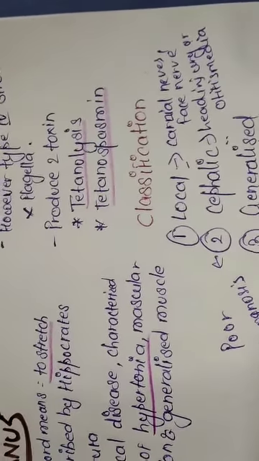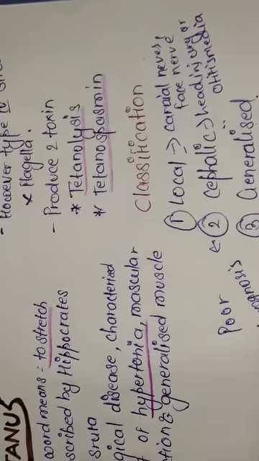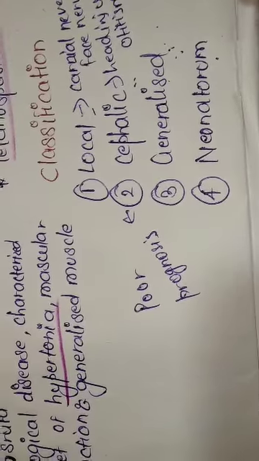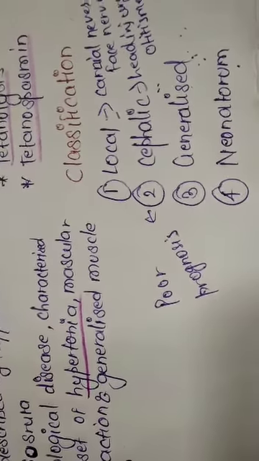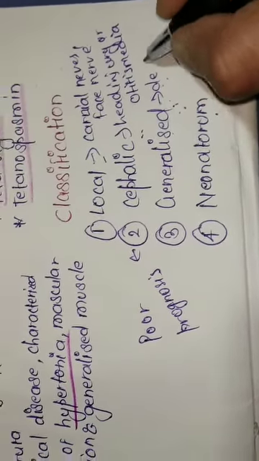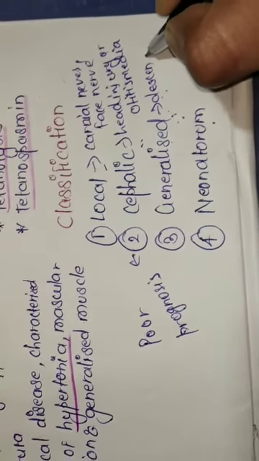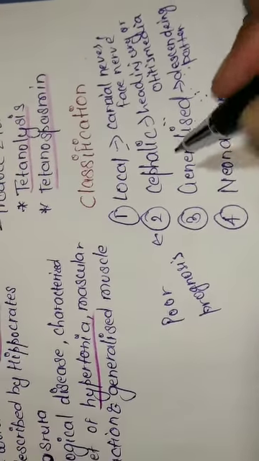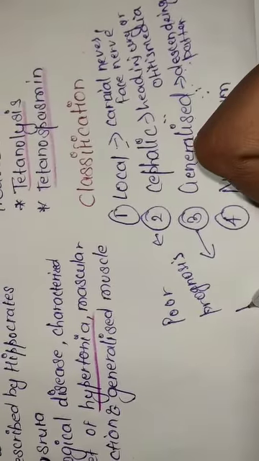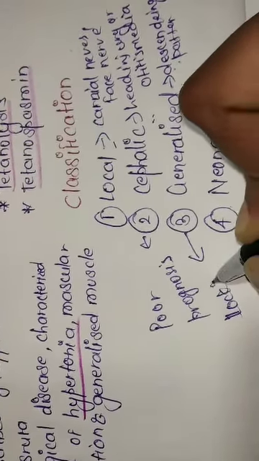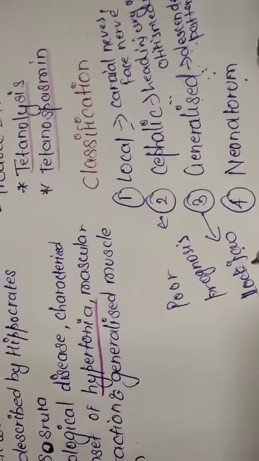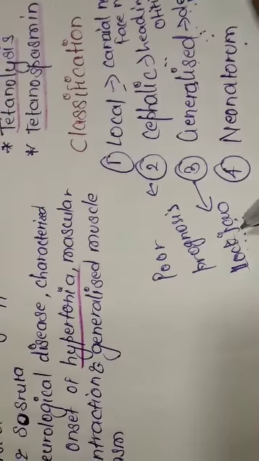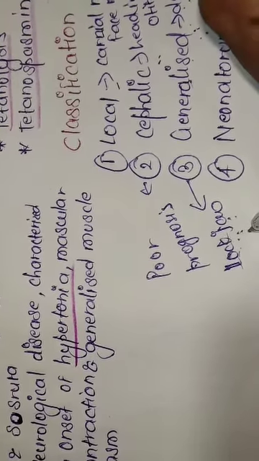Third is the generalized form. Generalized is the most common form, meaning 80% of cases, and it presents with a descending pattern. This is an important point. The first sign of generalized tetanus is lockjaw, which is due to spasm of the masseter muscles.